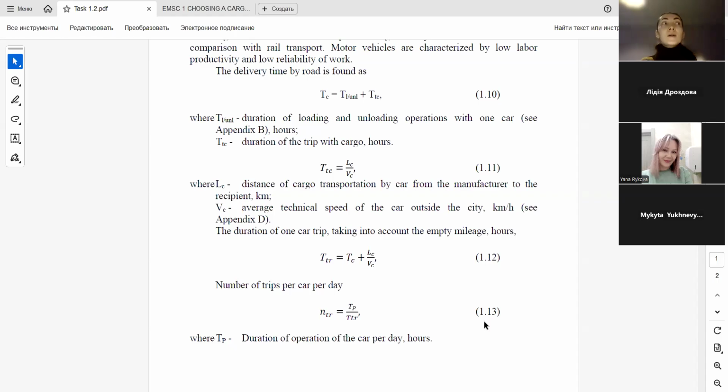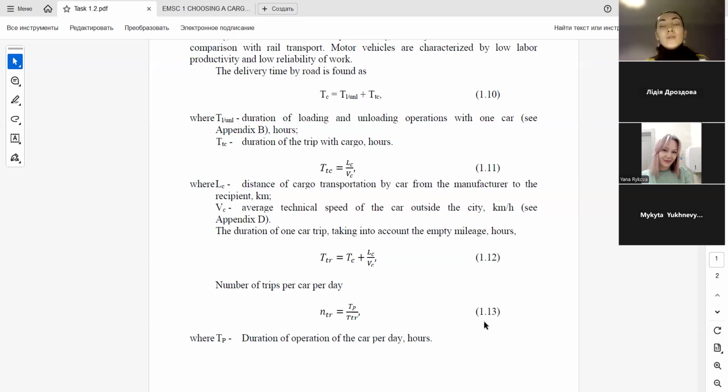If we look for the same parameters in our previous task 1.1 about railway transport, we could not have such parameters as the number of trips, because it is a different technology of work between different types of transport. In railway transport, we calculated only the time of delivery from a station of departure to a station of destination.